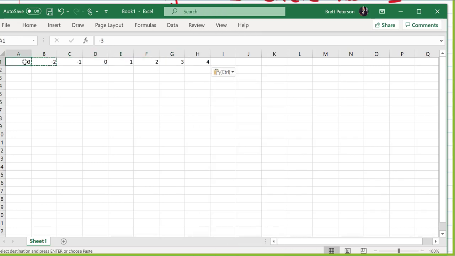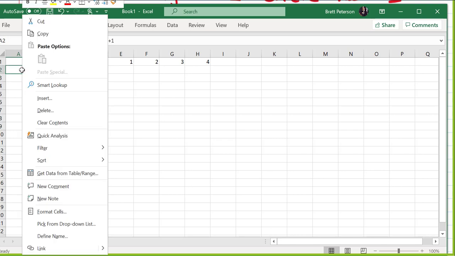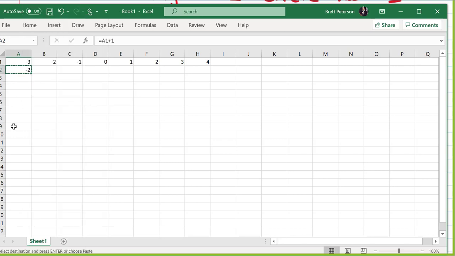Paste, and then we're going to do the same thing. Here we go, equals A1 plus 1, and we copy that down a few cells.